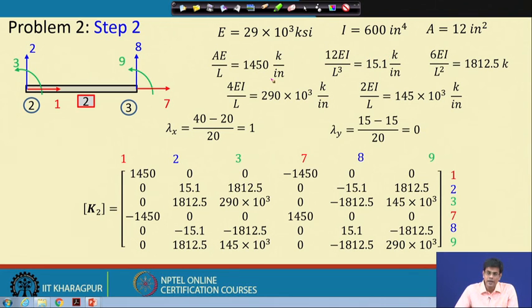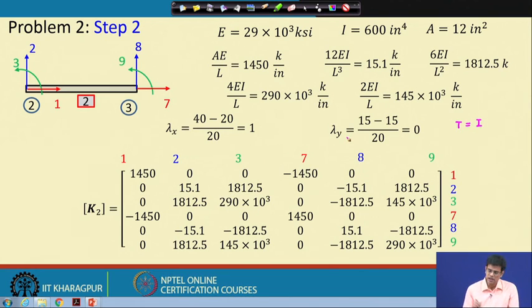But the length of member 1 and the length of member 2 will be different, so that's why these quantities are different. Similar to the previous case, we can find out the elemental stiffness matrix in the global coordinate system. Here, T is essentially an identity matrix.